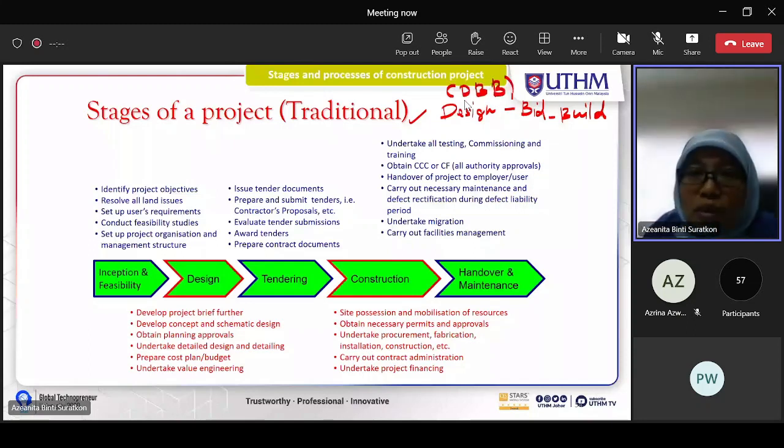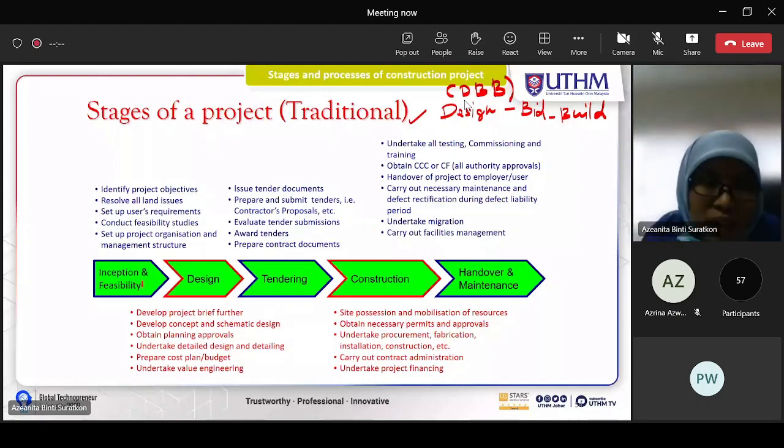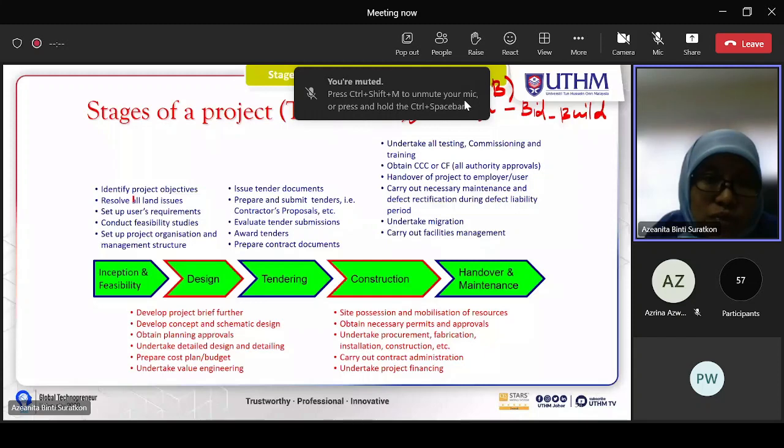Normal contract procurement. So inception and feasibility. Identify project objectives. So what is it that the client wants from the project? So he has to set what are the objectives of the project. Resolve all land issues.